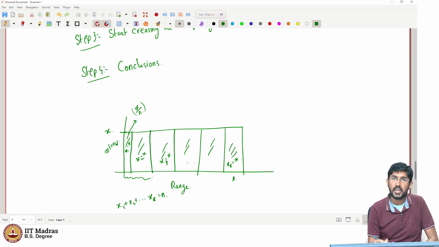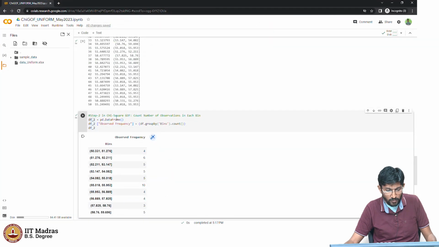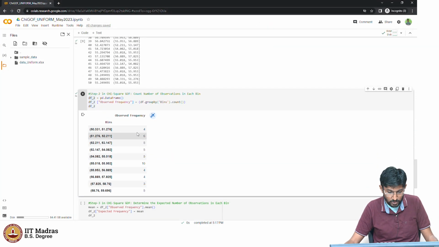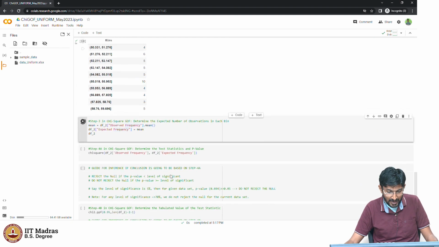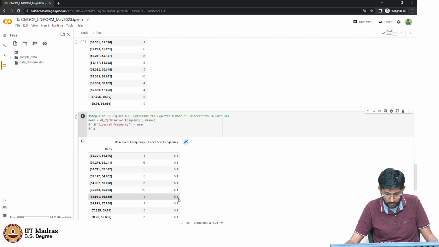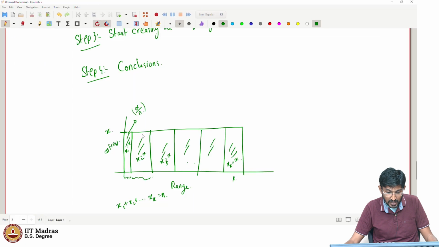The probability space under each of these bins is going to be the same, x by n, which means the value for all of these is going to be the mean value of your sample. So if I take 4, 6, 5, 10, and take the mean of these values, that is going to be the expected frequency in any given bin, because the distribution is uniform, correct?